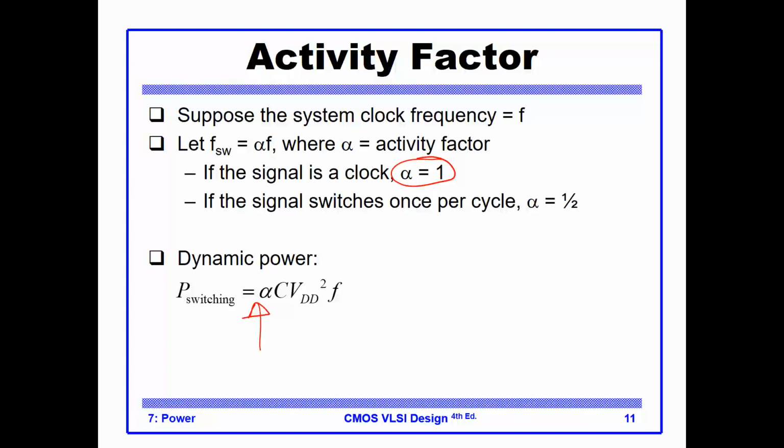In fact, most of the signals in the system are not very active, and they switch every once in a while. So the activity factor of one is reserved for the clock. And for those signals that switch once per cycle, they have an activity factor of half. Okay, so we have to somehow plug in this activity factor in our equation to get more realistic switching power for nodes.